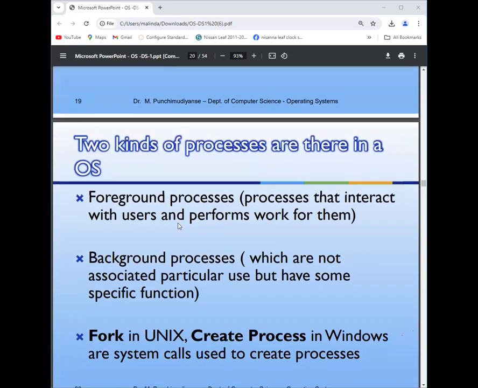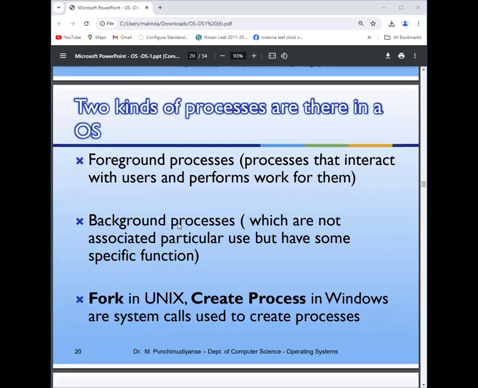Then we move on to the types of processes. What kind of processes are there in an operating system? There are two types of processes. One is called the foreground process. A foreground process means a process which interacts with the user.